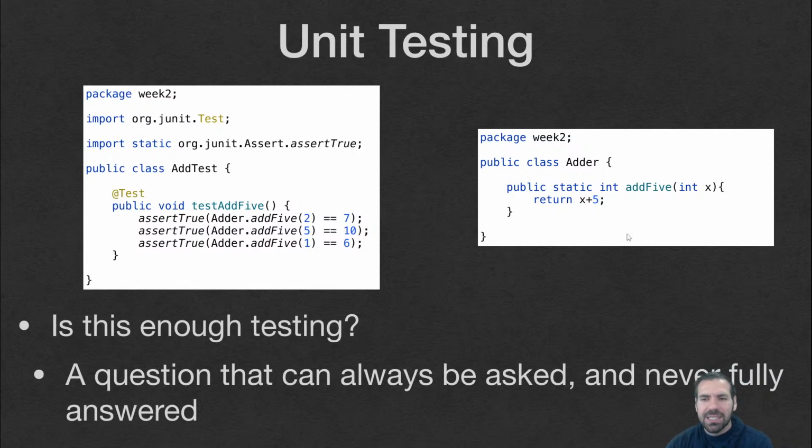But if I can't see the code, if I'm just told, hey, there's this method that exists called add5, this is the behavior it's supposed to have, and it passes these tests, how confident are you that it will always return the right output on every single input? So if we have any implementation of add5 that passes these 3 test cases, are we sure that it's correct? Are we sure that method's actually right?